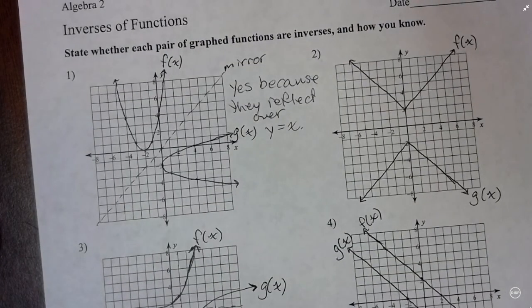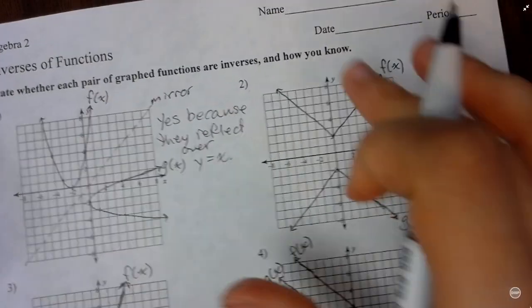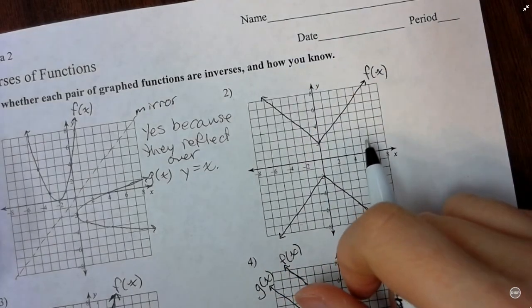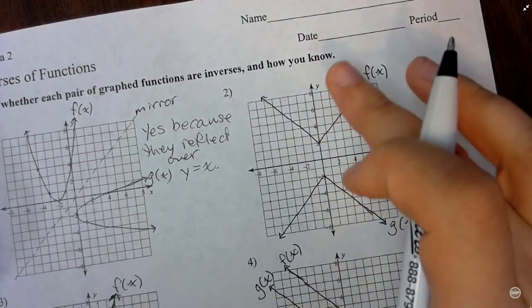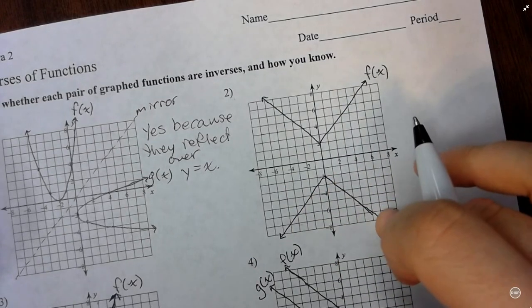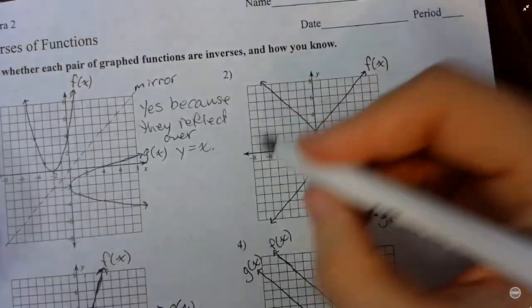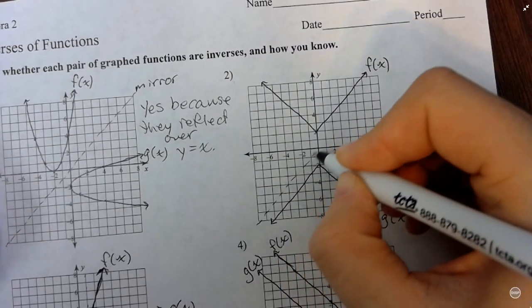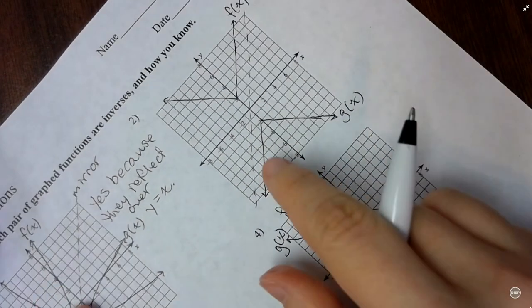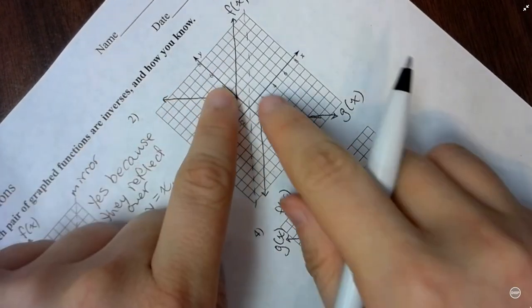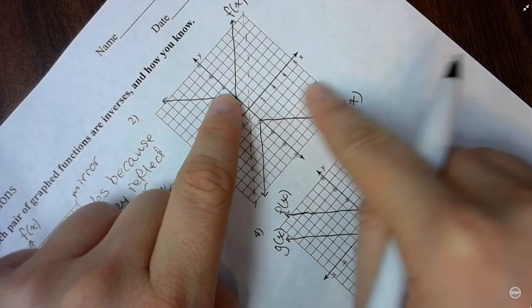So be real careful. Let's do one that's not. Oh, this one. So this kind of graph fools a lot of kids. They think that because one is positive and the other is just a vertical reflection, that they are inverses, but you're not looking for a vertical reflection. You're looking for this diagonal reflection, like that. So if I turn my paper like this, does it look like this function is looking at itself in the mirror?